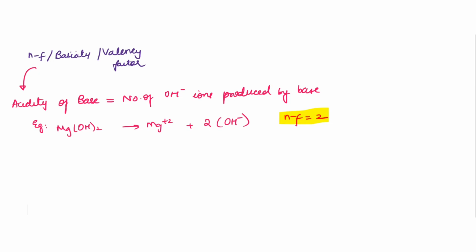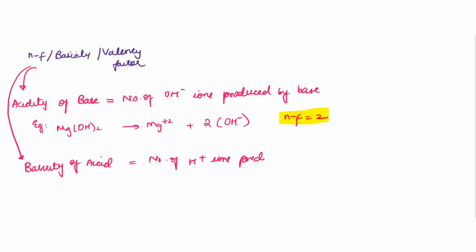So n factor of a base is nothing but its acidity, the number of OH minus ions produced by that base. When you define n factor of an acid, this is where the term basicity comes. So n factor is nothing but the basicity of an acid. Basicity of an acid means the number of H plus ions produced by the acid.